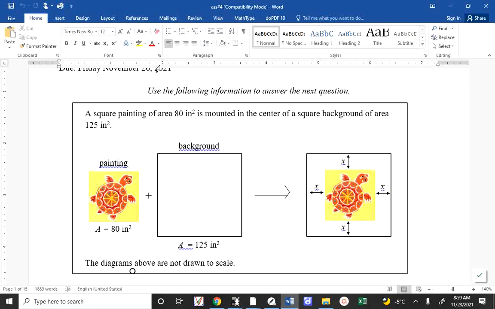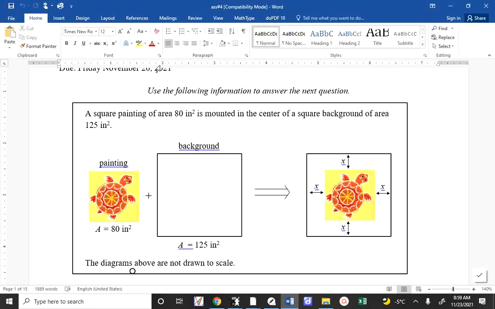And you have to come up with an equation using the numbers in the question, an equation relating x to an area. And there's a lot of ways you can do it. You could potentially come up with an equation relating x to the area of 125. A different person could come up with an equation relating x to the area of 80 square inches.